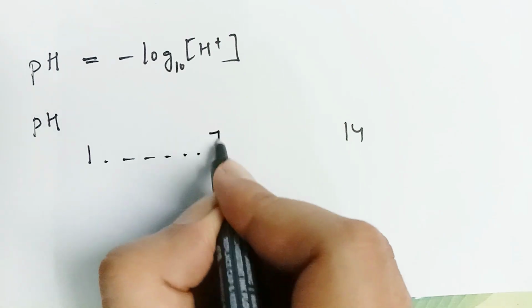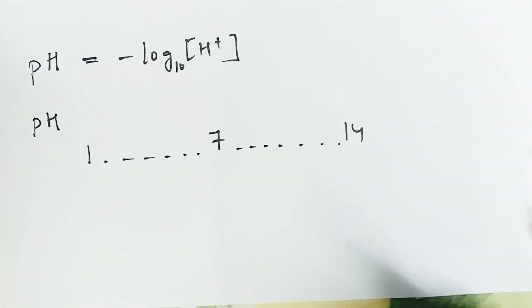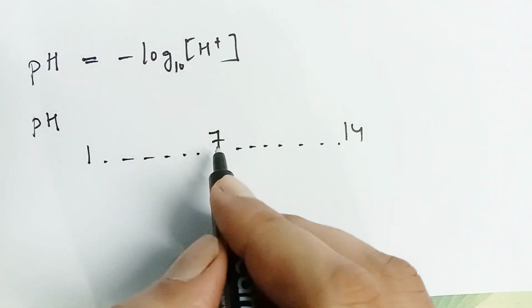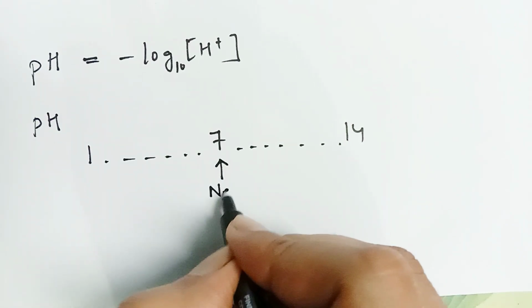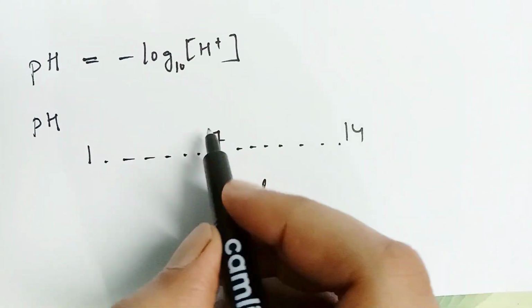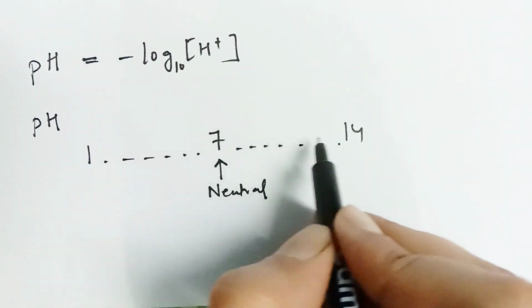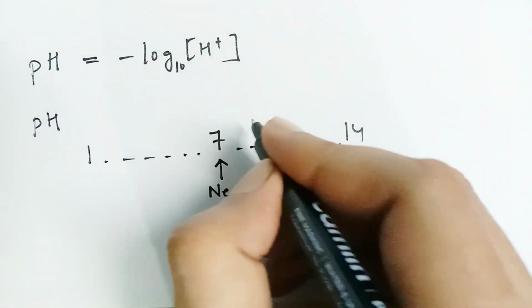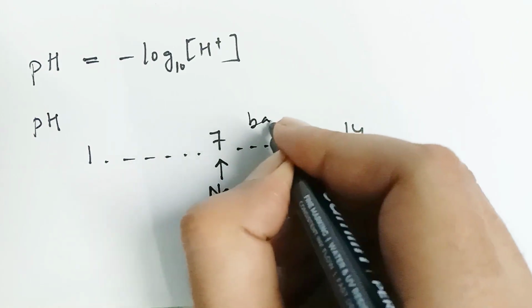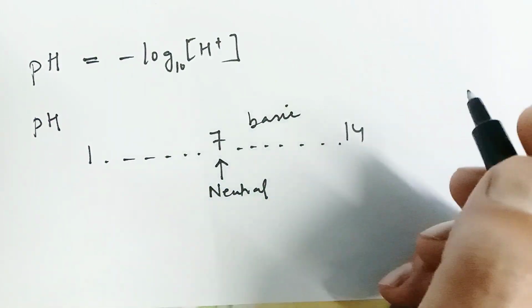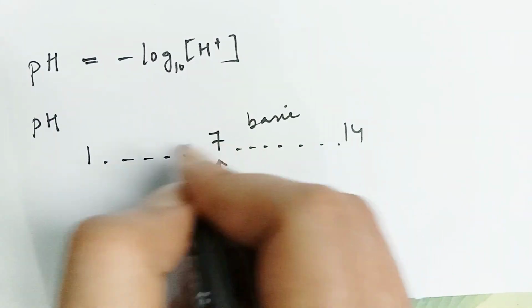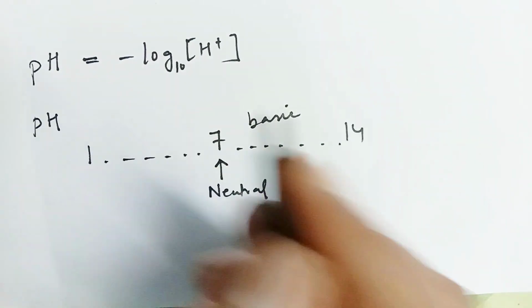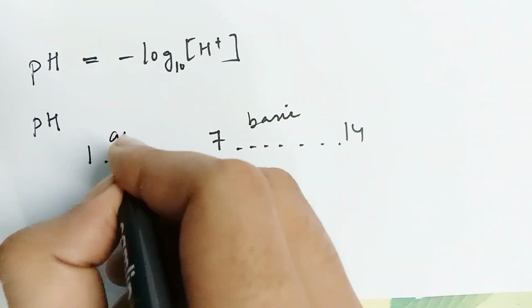When a substance has pH value 7, it is neutral, and if the pH value is greater than 7, then you can call the compound basic or alkaline in nature. And if the pH value is less than 7, the compound is acidic.